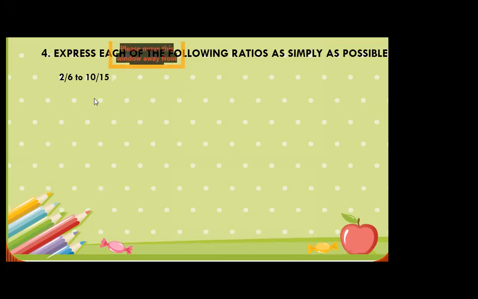Obviously 2 upon 6, we have to write down the symbol of ratio over here. 2 upon 6 ratio 15 10 upon 15. Then what do we have to do, Hania?